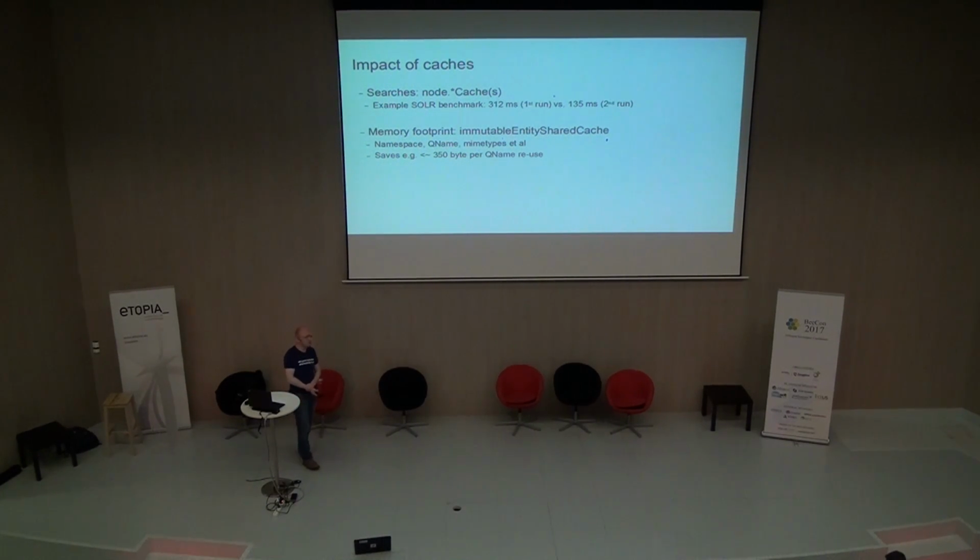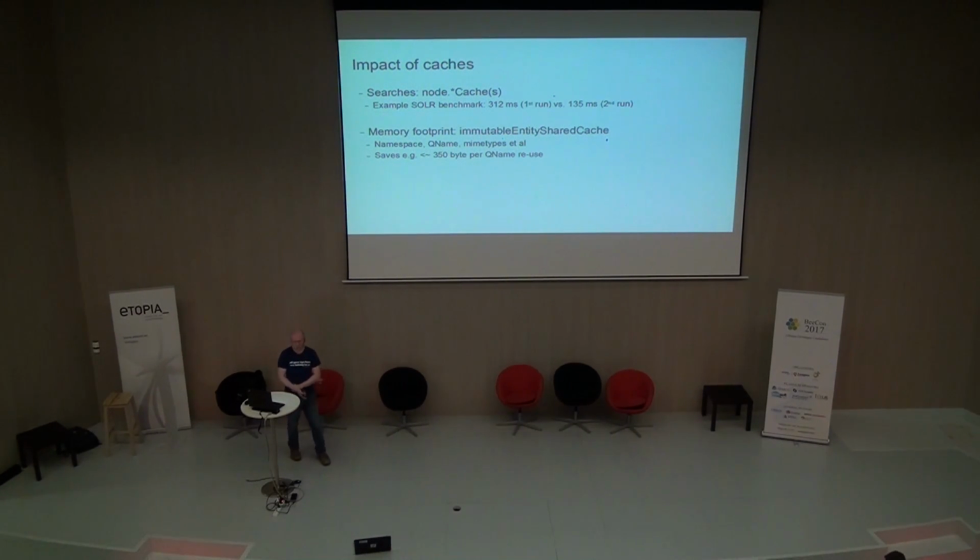Also, memory footprint is something to consider, especially for the core caches that Alfresco uses. If you consider that we are using NodeRef objects and QNames quite a lot in Alfresco Java code, passing them around for aspects, for property identifiers, and if each of those were separate objects storing the entire namespace URL, for example, it would be quite a waste of memory.